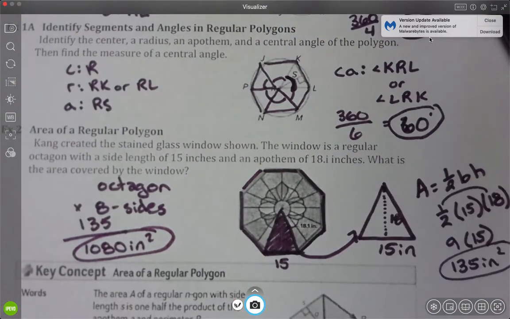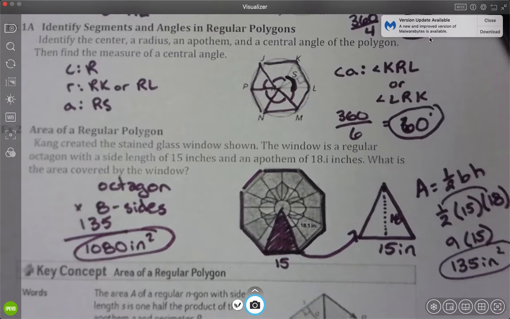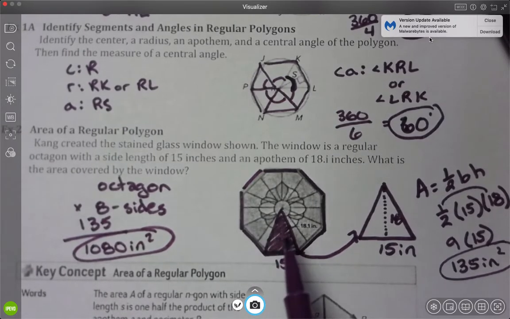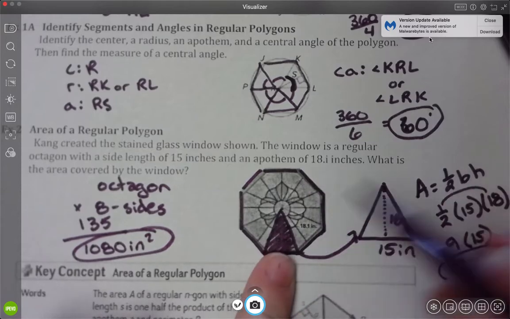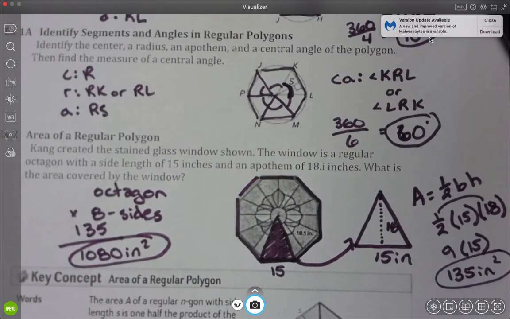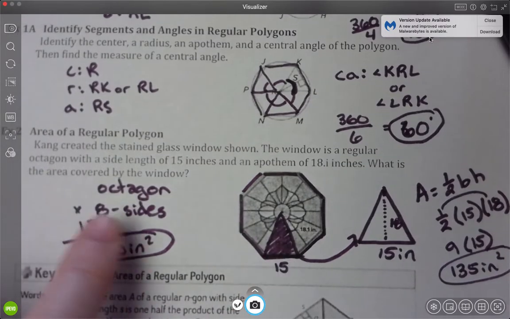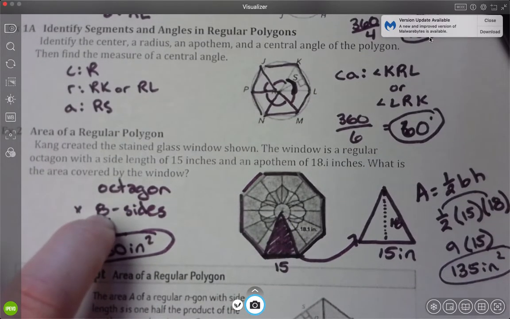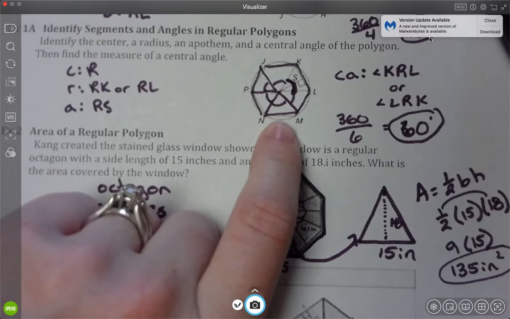It's a little bit confusing, but think of these as a bunch of triangles going all the way around. Depending on how many sides your regular figure has determines what you multiply that triangle area by at the end. This one was times 8. This would have been times 6 if we were finding the area of the hexagon.